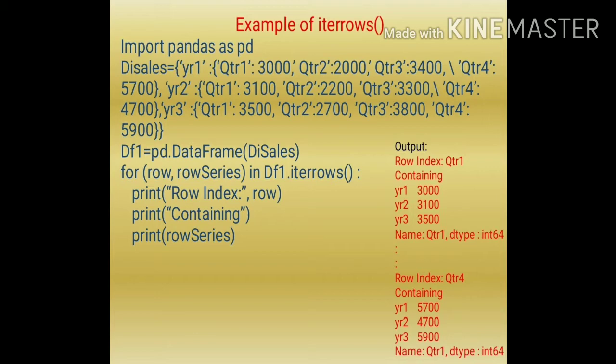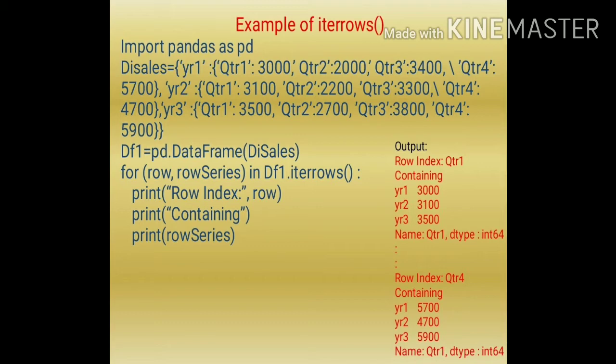So see here, dicSales, this is the object for the variable name. yr1 is the first heading of the column, and then it is actually a dictionary, a two-dimensional dictionary. qtr1 is the key and its value is 3000, qtr2 is the key, value 2000, qtr3 is the key and value 3400. And similarly you can go with qtr4, qtr5, whatever you want to. So all these qtr1, 2, 3 and 4 are actually rows for the first column yr1.